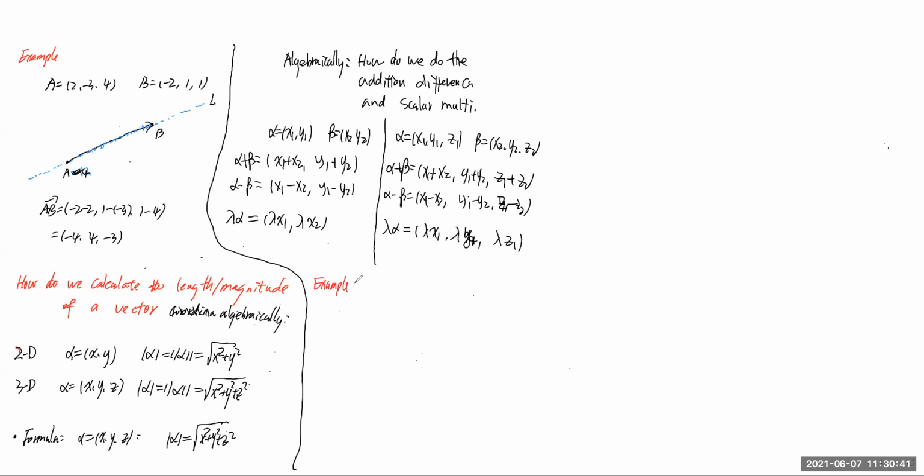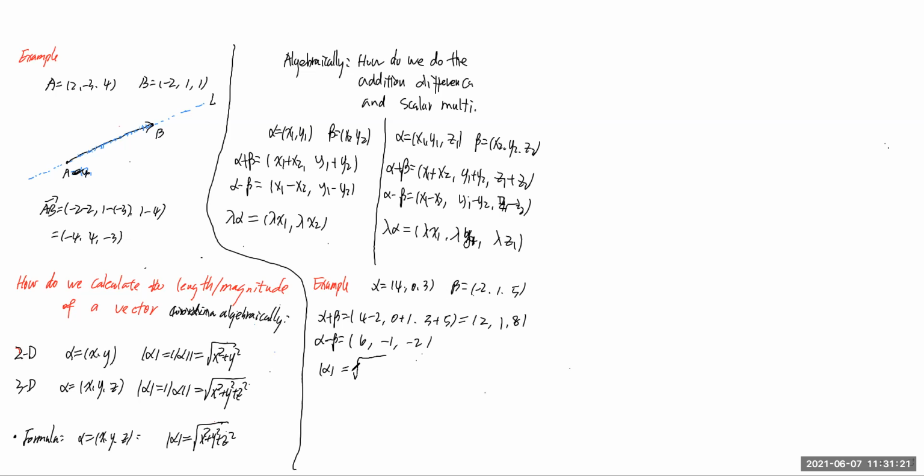Example. The first one: alpha is (4, 0, 3), beta is (-1, 1, 5). Alpha plus beta, you add them together: (3, 1, 8). Alpha minus beta is (5, -1, -2).